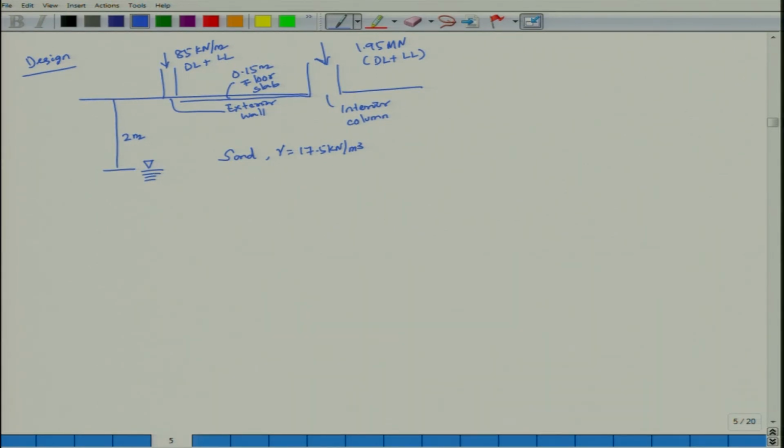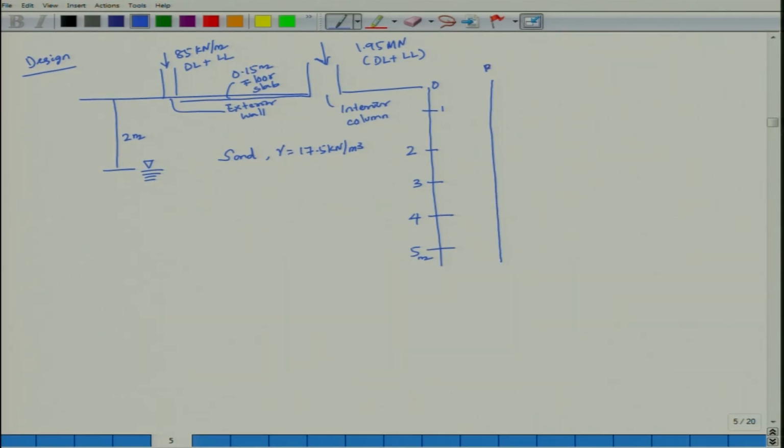So, there is an interior column load, an exterior wall loading, dead load, live load, and there are depths where SPT N has been reported: 0, 1, 2, 3, 4, and at the end it is 5 meter below the ground surface. There are 2 boreholes.